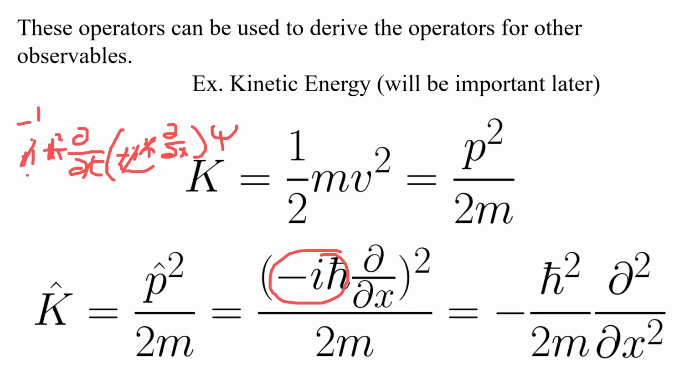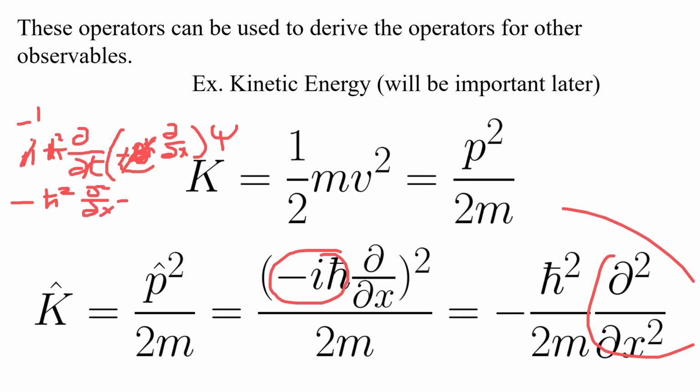So it's going to be negative h bar squared. And then now that all these constants are gone, you're taking the partial derivative with respect to x of the partial derivative with respect to x. That's the second partial derivative with respect to x. So what you get is negative h bar squared times the second partial derivative with respect to x.